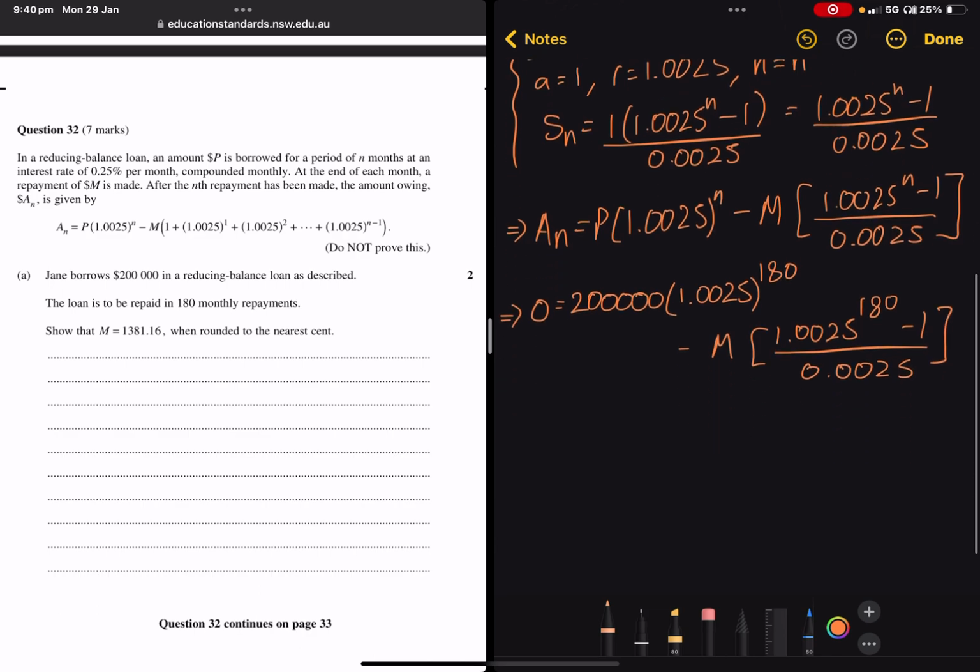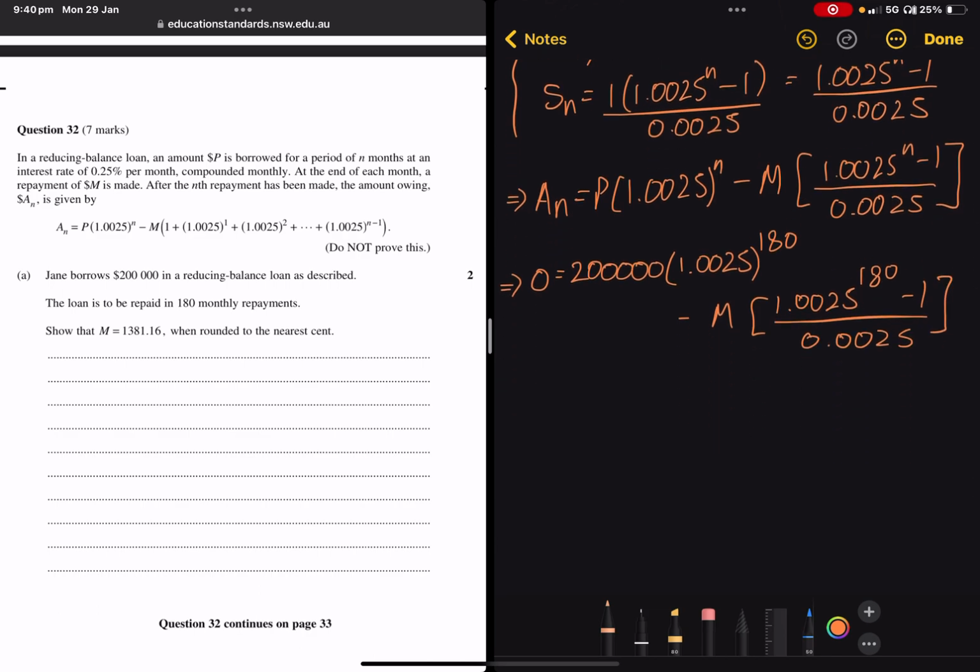I need to rearrange this so that it is in the form of M equals. So I can add the M term to both sides. I therefore get M times 1.0025 to the power of 180 minus 1 over 0.0025 is equal to 200,000 times 1.0025 to the 180.